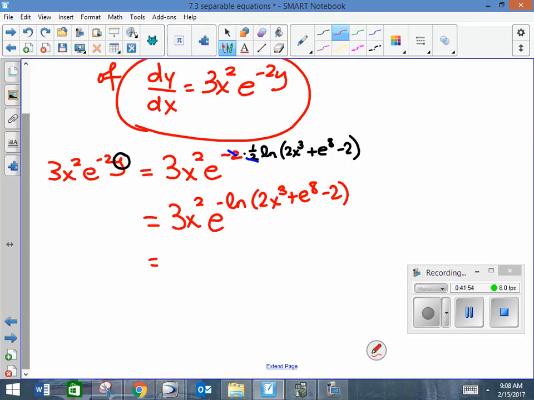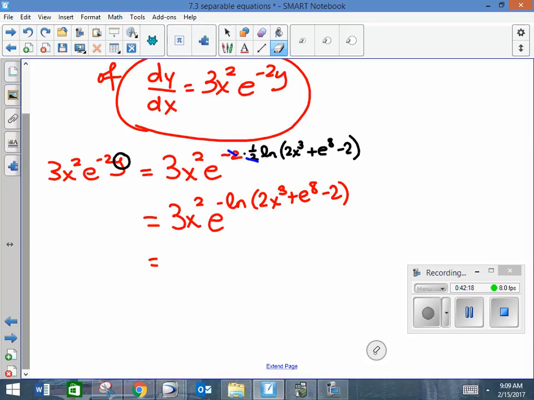All right. Can we do something with that negative ln? Because if it was e to the ln of blah, blah, blah, this would be blah, blah, blah. But that negative kind of throws a little kink in that whole statement. So what can we do with that negative? Put it in front. It's already in front. I want to get it out of front. Where does it go? 3x squared over.